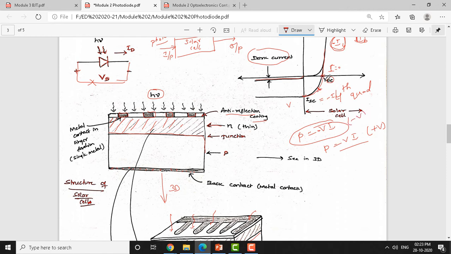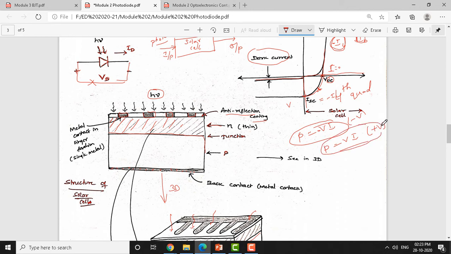In this case the voltage is positive, the current is negative, and if you take the VI product, it is negative. That means the device, instead of acting like a passive device, becomes an active one. It gives energy to the external device.